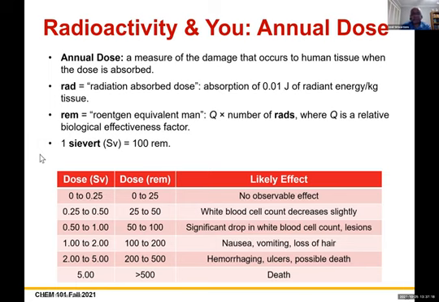So as for REM levels, only 0 to 25 is safe. Also, it depends on how long you've been exposed.